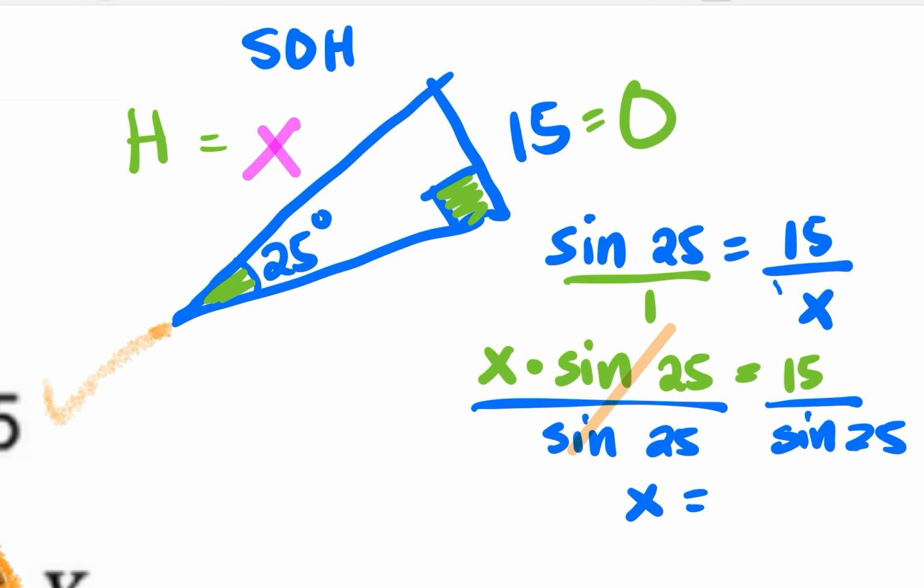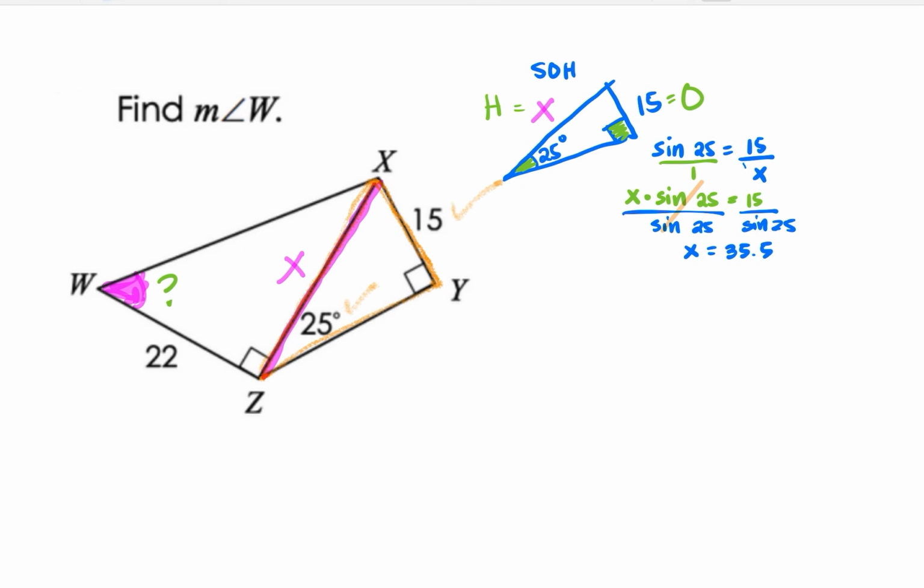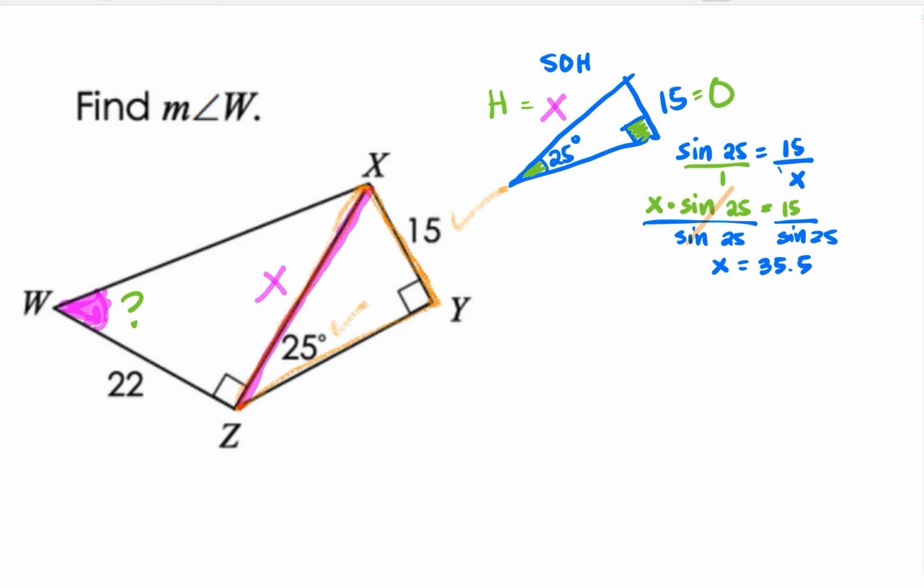And so that should give us 35.5 if we were to use tenths place. And so in this case, we have solved this side of the figure, and that is 35.5.